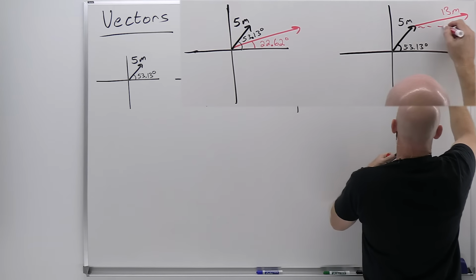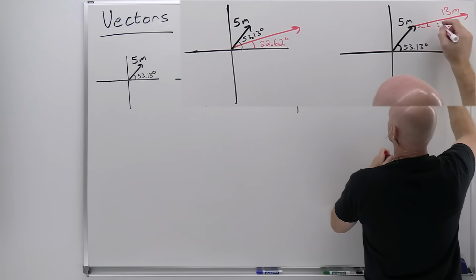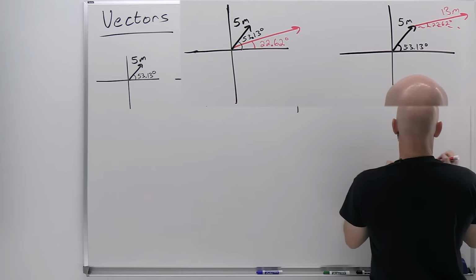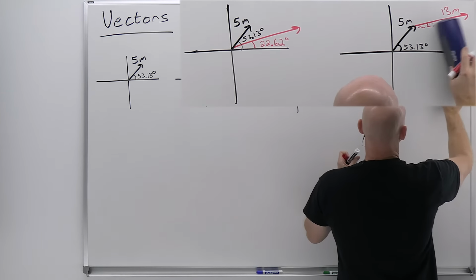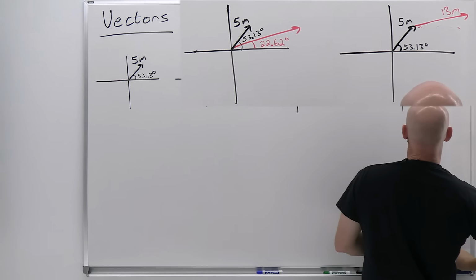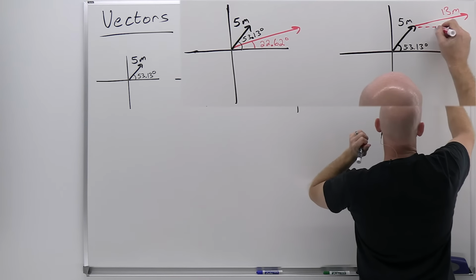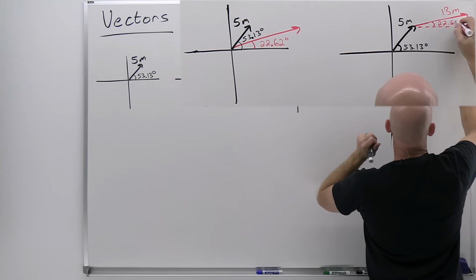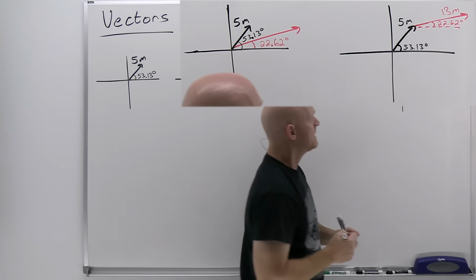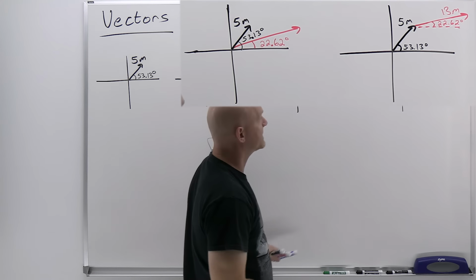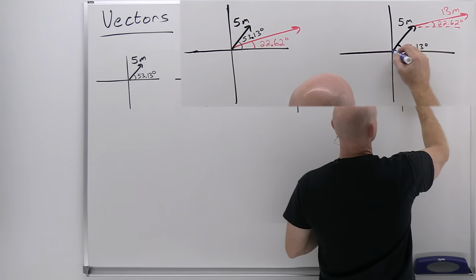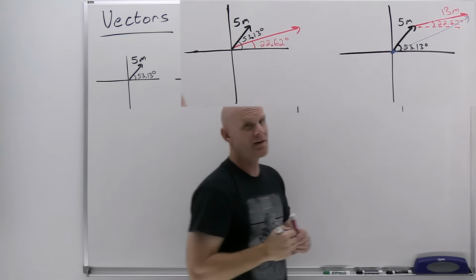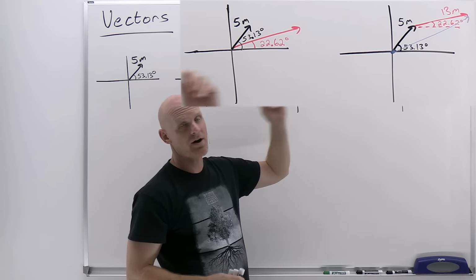And then this angle right here is 22.62 degrees. Let's see if we can write that a little cleaner. All right. Cool. The resultant vector would be from the start, the origin, all the way to where that final vector ended up. And that's ultimately how we diagram out a resultant vector.